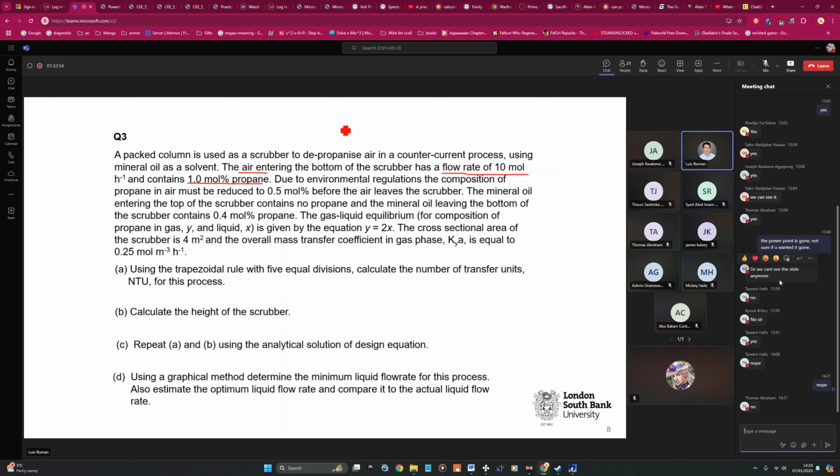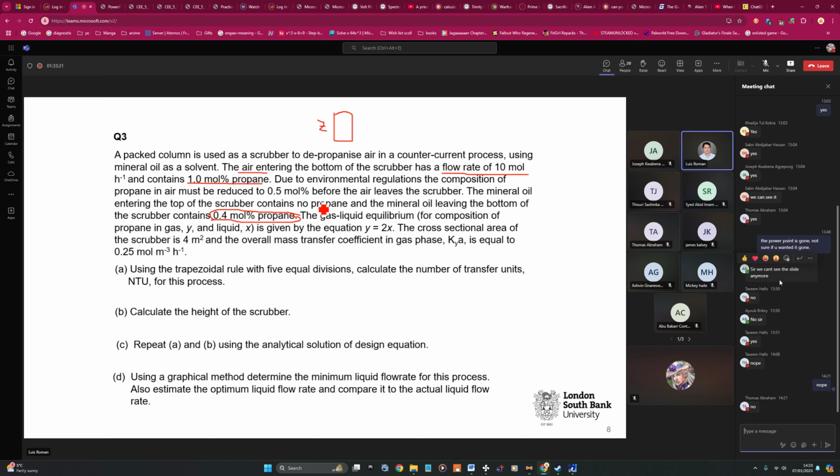We want to design, or find the height of, this gas absorption column in order to reduce the amount of propane in the gas phase from 1 to 0.4 mole percent. That's the idea, to remove this component from the gas phase.